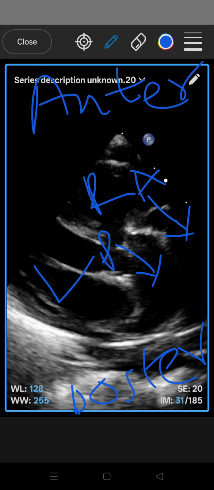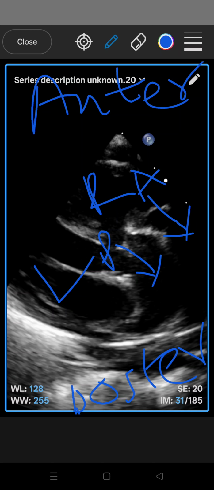So you can see the pulmonary artery that is coming out of the left ventricle is going posteriorly, indicating this is not the aorta, this is the pulmonary artery. So whenever you find a structure that is coming out of the left ventricle and going downwards in the image, in reality it is going posteriorly, because the upper part is anterior, the lower part is posterior. So going posteriorly indicates the pulmonary artery is coming from the left ventricle.